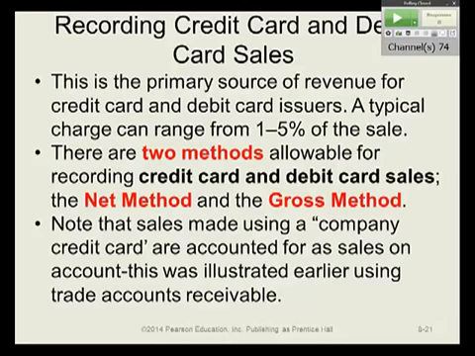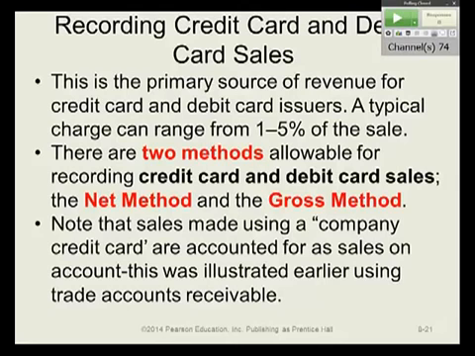Now, it's a cash sale, and the question becomes, when do you recognize the fee? Do you recognize the fee at the point of sale, or actually it's only a couple of days later, or maybe at the end of the week, because they cash these things in pretty quickly. So do you wait until a week or 2 weeks later to assess the fee, or do you recognize the fee immediately?